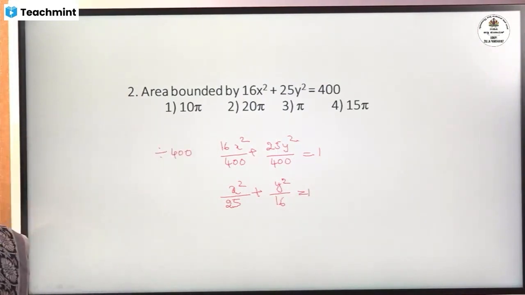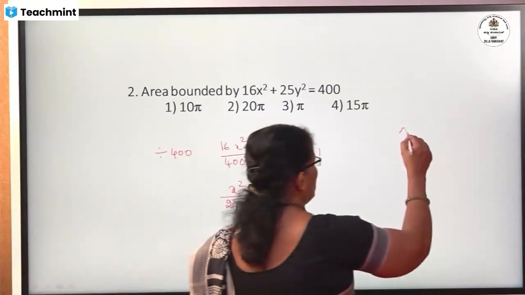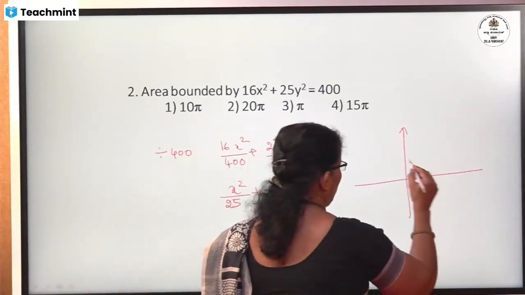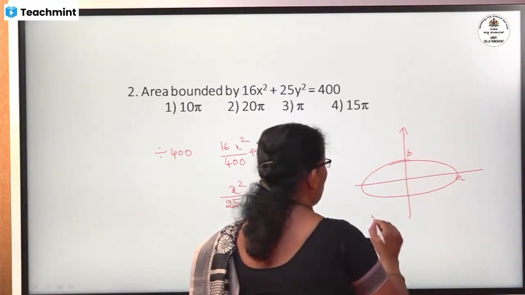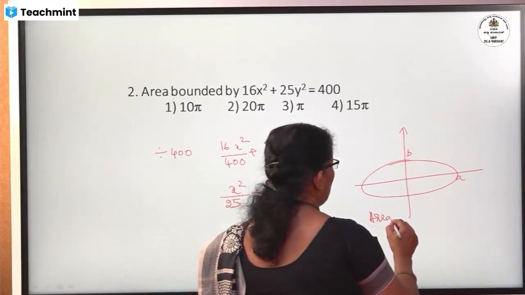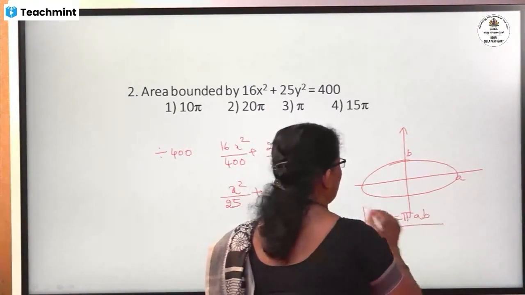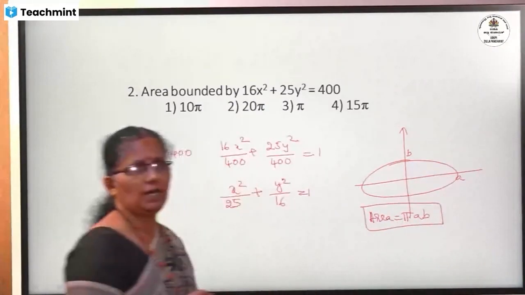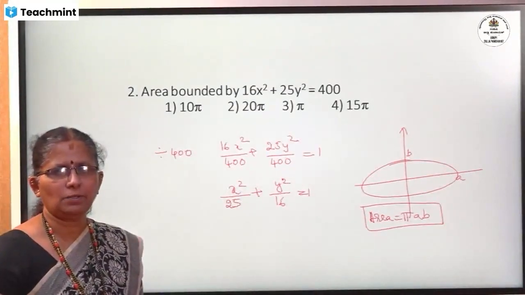Actually, you don't have to do the integration to obtain the area. Please remember, if this is the ellipse, if this is A and this is B, the area of the ellipse is given by pi AB. What is the area of an ellipse? Area bounded by the ellipse is pi AB.